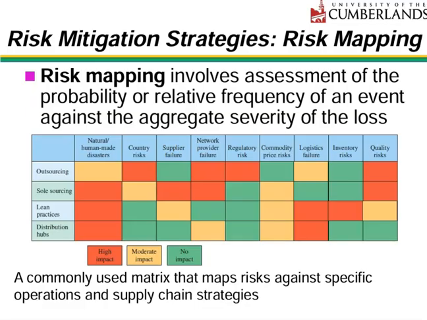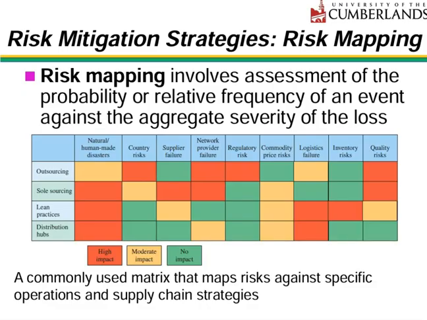Now, let's look at a powerful tool for connecting risks to strategic decisions, which is called risk mapping. So risk mapping involves assessment of the probability or relative frequency of an event against the aggregate severity of the loss. It's a way of visualizing how different risks intersect with different business strategies.